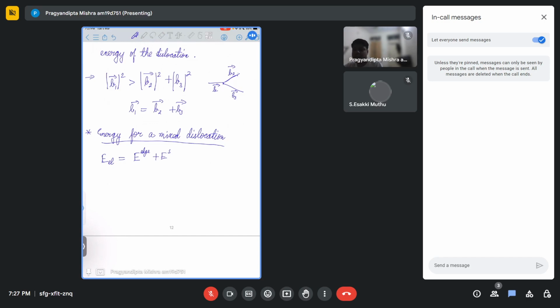So my elastic energy would look like something like this: GB square by 4 pi, plus cos square theta, ln of R by r. This is an empirical formula people have derived.